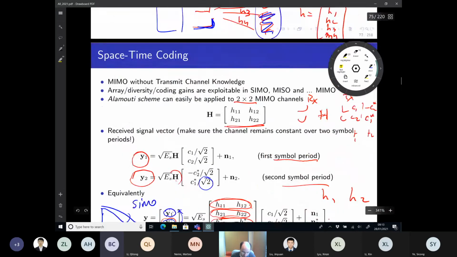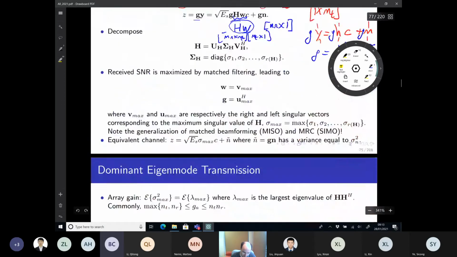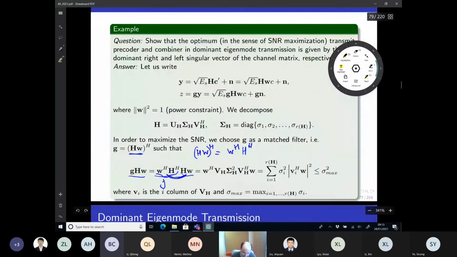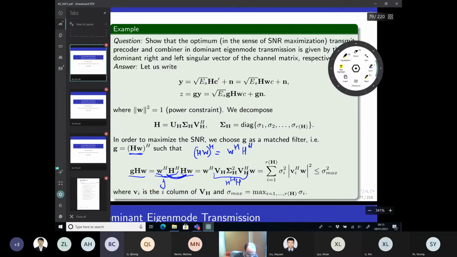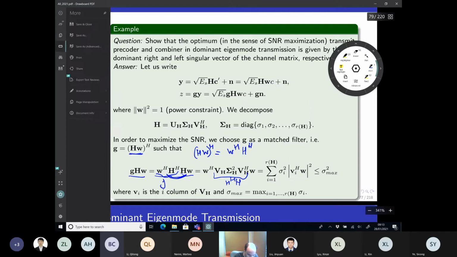So let's do this eigenvalue decomposition. If I do that, I simply write this. This is my H Hermitian H, right? Okay, so how can we write this slightly differently? Let me add a page here.